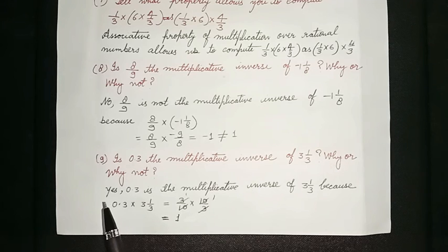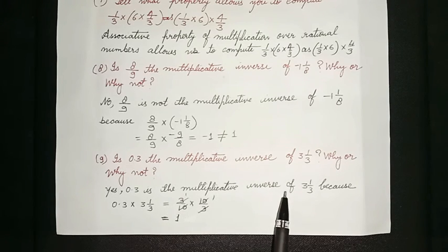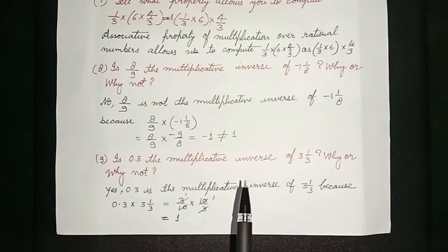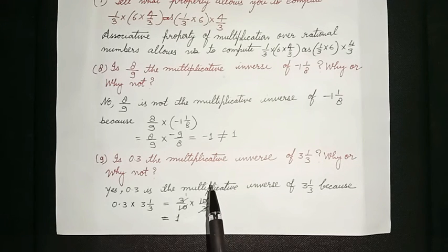The answer is yes. 0.3 is the multiplicative inverse of 3 whole 1 by 3. Now I will show why 0.3 is the multiplicative inverse of 3 whole 1 by 3. By multiplication of these both numbers, you can show.